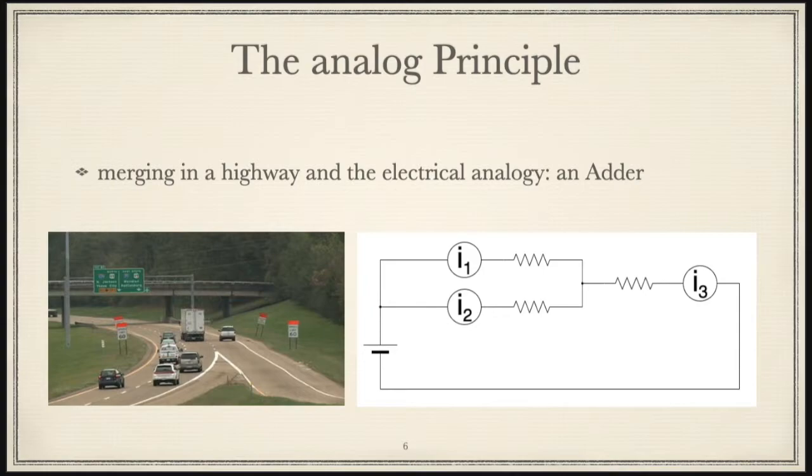I1 plus I2 plus I3 and so on equal 0. The current is positively or negatively signed according to the direction towards the node. So the electrical model for the car equation is I1 plus I2 equal I3.